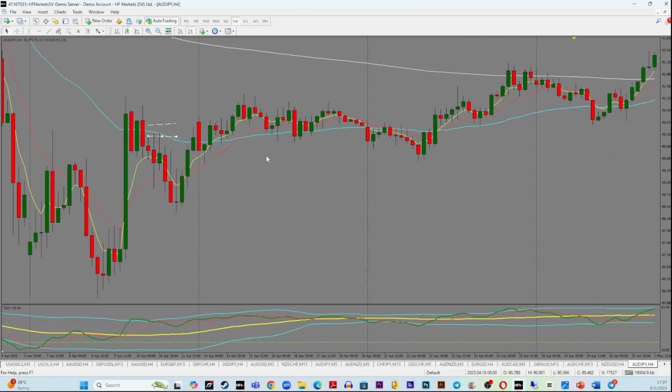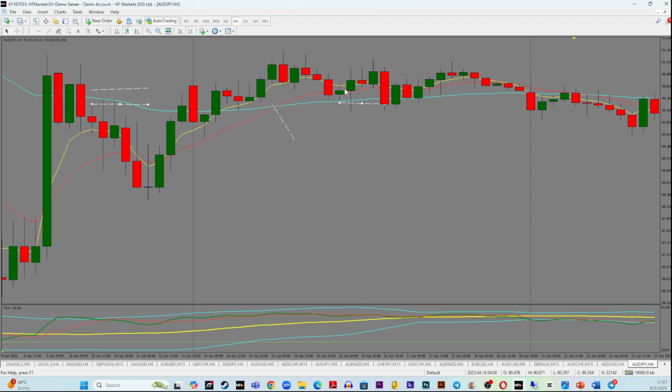Then we can see here we had another crossover of the 13 and 50 EMA on H4, which I can mark like this. After that crossover, this is the low of this candle, and this low was actually violated, or swept, by this candle, and then that candle closed right above and validated the features of becoming a shift candle.